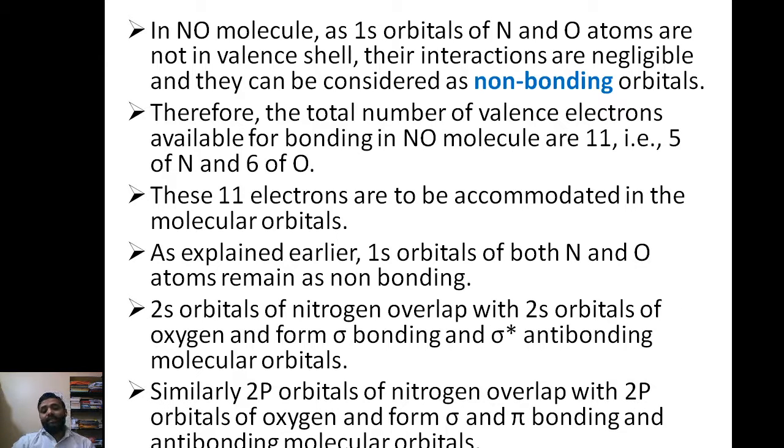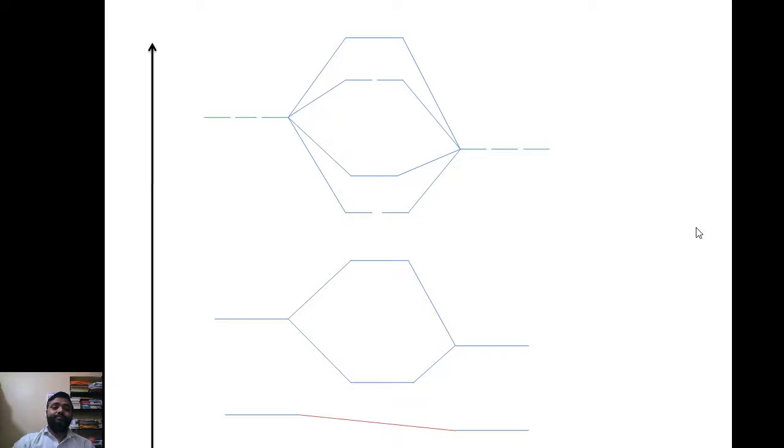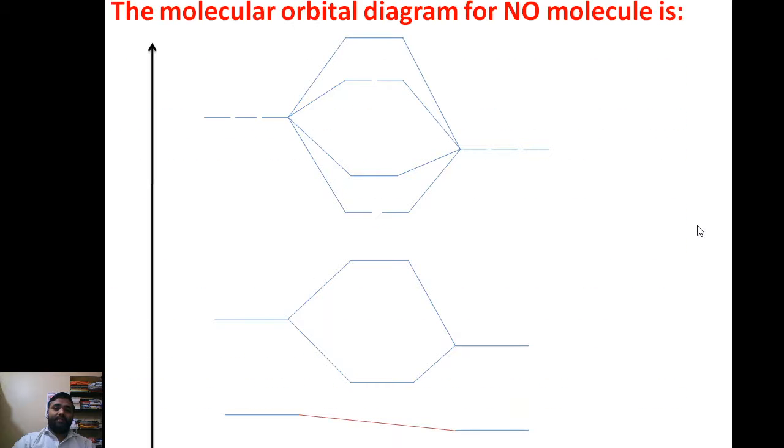Similarly, the 2p orbital of nitrogen overlaps with the 2p orbital of oxygen to form sigma and pi bonding and anti-bonding molecular orbitals. We can now discuss the energy level diagram. This is the arrangement of the orbitals, also known as the molecular orbital energy level diagram for the NO molecule.